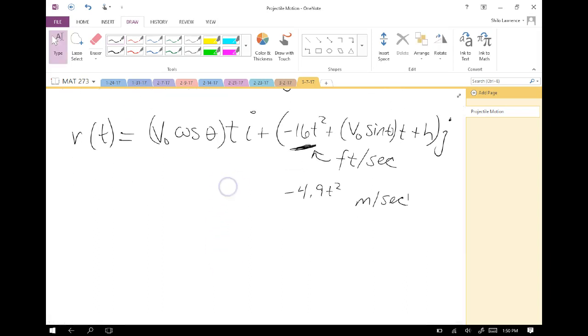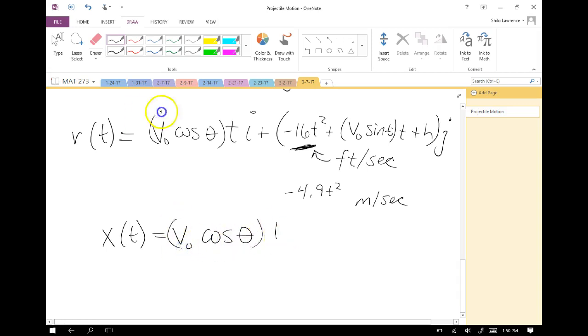Some of the questions we're going to be asked only deal with one piece, one component. So we could break this up into parametric equations and say, well, what's happening horizontally is just our x component, v sub 0 cosine theta t, and just work with it individually.